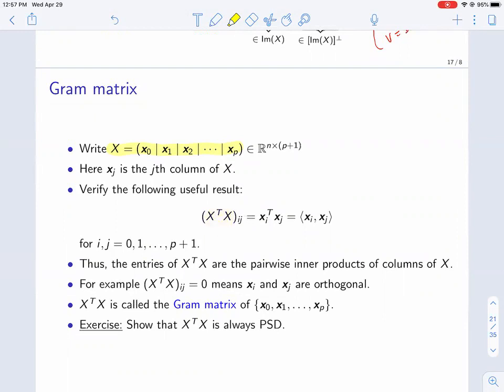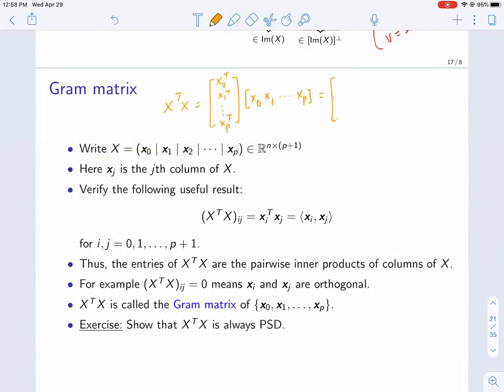If you go and verify for yourself, if I expand this, x transpose x can be written as the rows x0 transpose, x1 transpose, up to xp transpose, times the columns x0, x1, up to xp.